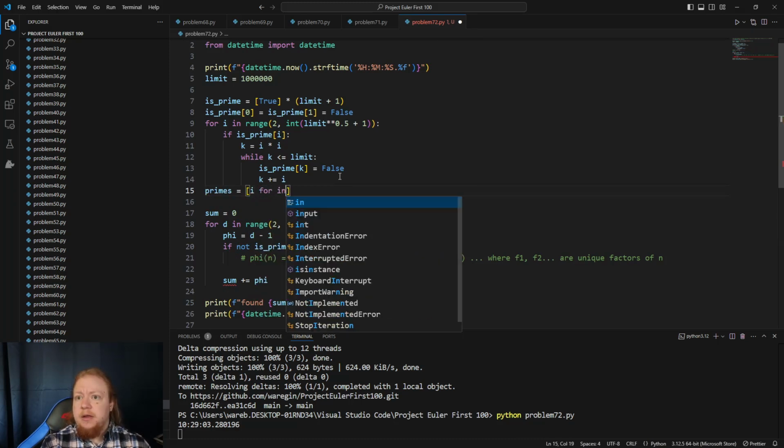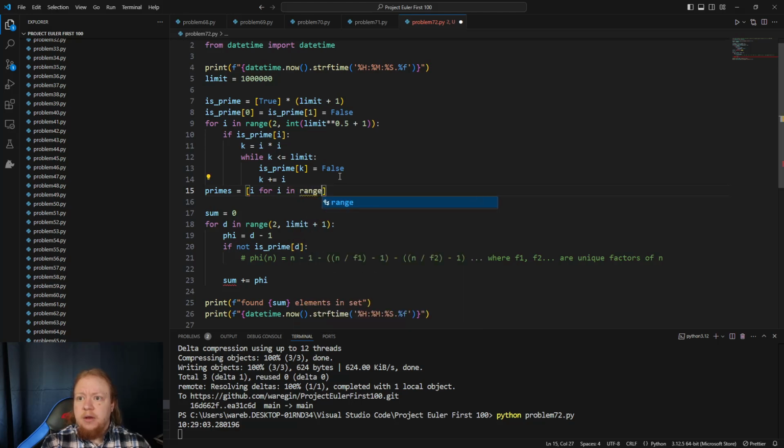But for i in range, length, is prime, if is prime. Actually, I had previously checked whether it was equal to true, but this returns a boolean.